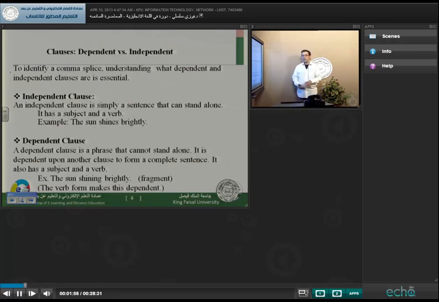What is an independent clause? And what is a dependent clause? There are two types of clauses. A clause can be independent if it is a sentence that can stand alone, if it has a subject and a verb, like: the sun shines brightly.